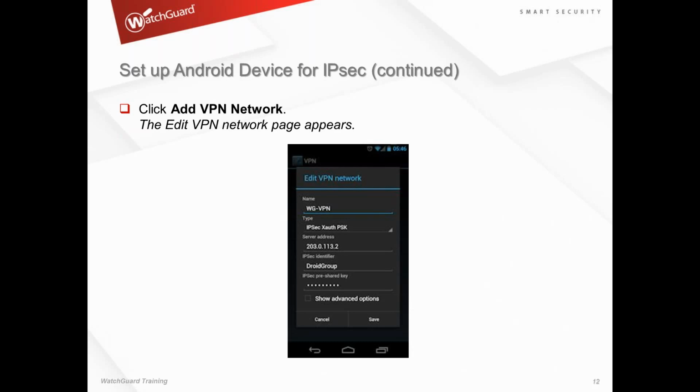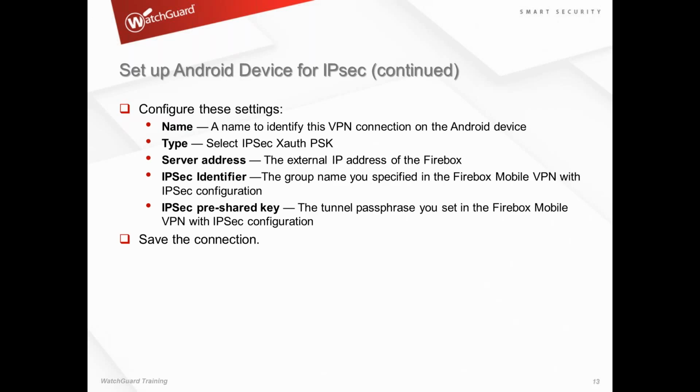Now with IPsec, we also have to have a group name and a pre-shared key. In this example, we are using the name Droid Group as the user group, and then we're using the pre-shared key, as you can see below, that's privacy protected.